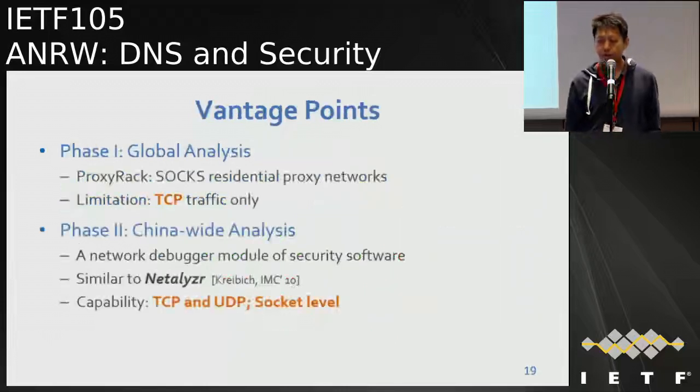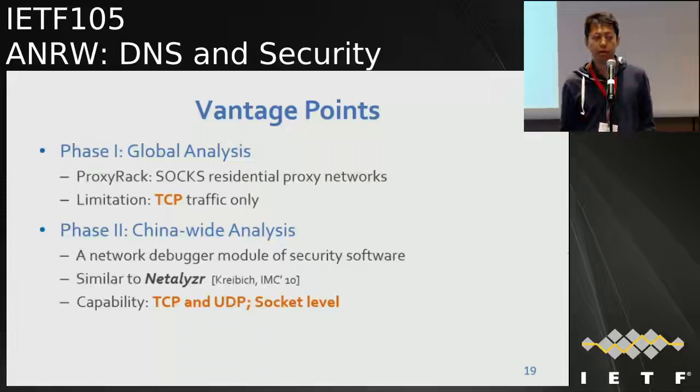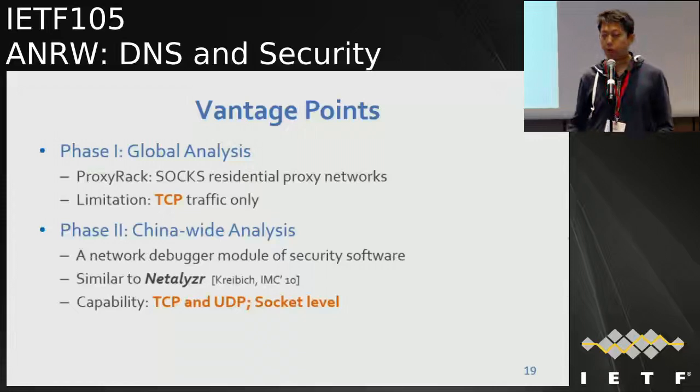But there are still 2 major challenges we need to address. First, how can we gather a large number of vantage points? Some of those middle boxes are very close to the clients, so if we want to observe enough of those DNS interceptions, we need a large number of vantage points. We leverage 2 platforms.